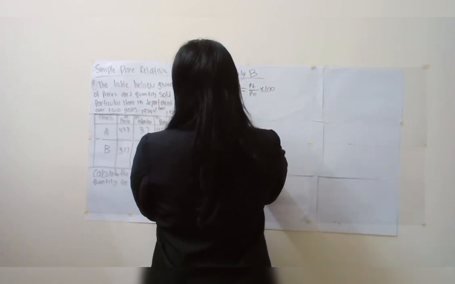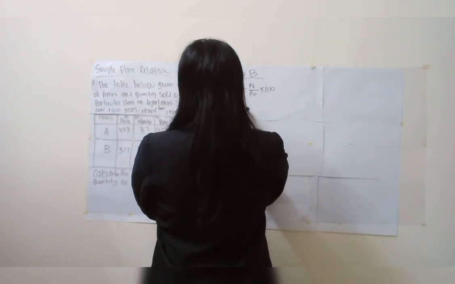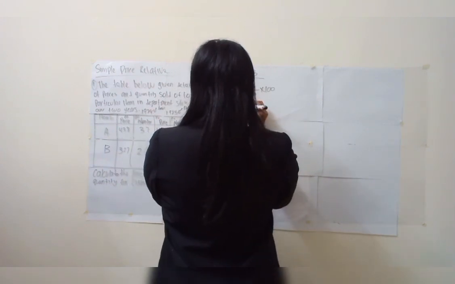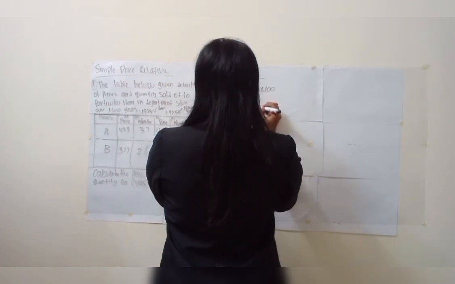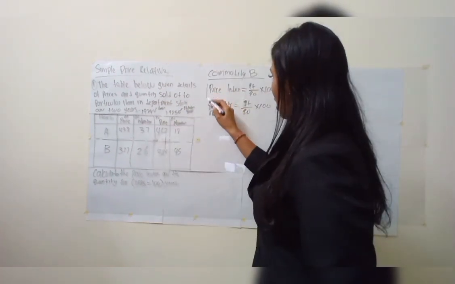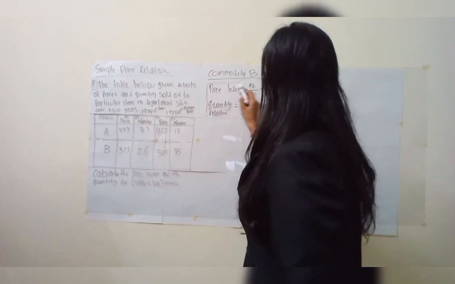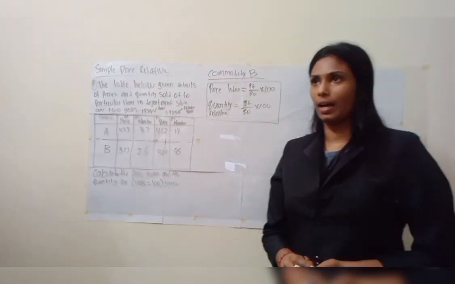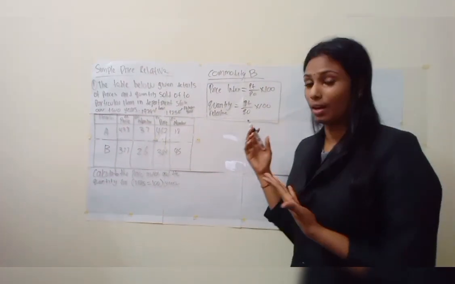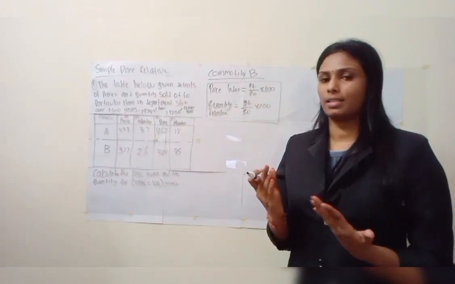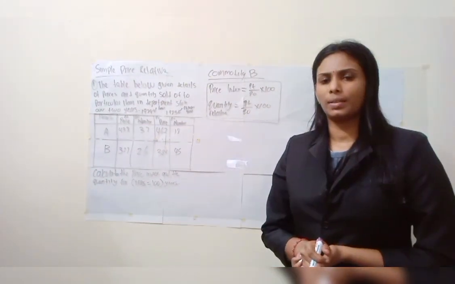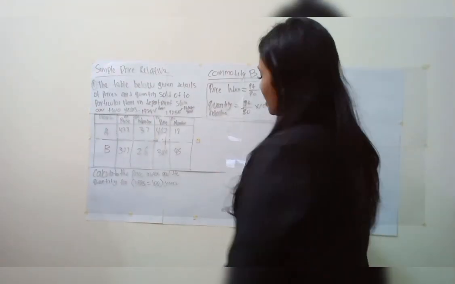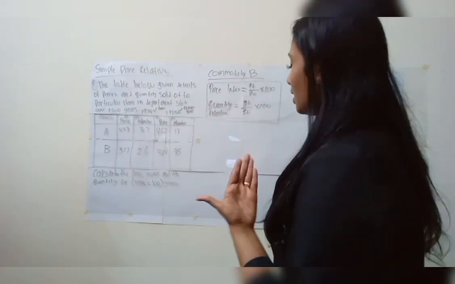And the quantity relative is QT over QO times 100. So this is our formula. Why do we write the formula? Because it's easier to solve the problem. This is an easy way to solve it.